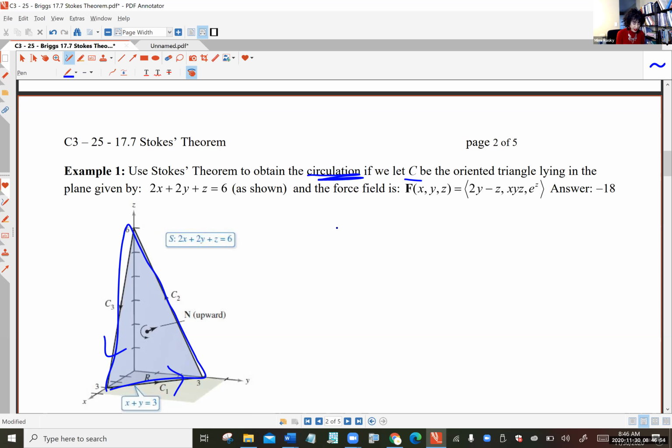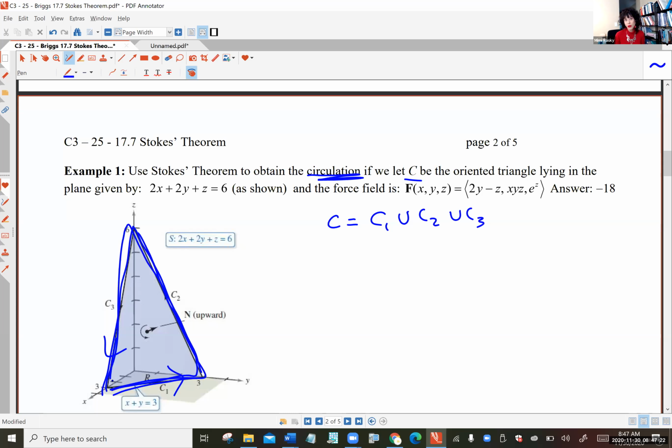So I hope you can see that the overall curve is going to be C1 union C2 union C3, which are the legs of this triangle. That's your curve. And you're trying to get the circulation around that triangular curve. And it is piecewise smooth. So that's good news. Cool. Now, if you had to do a line integral here, you'd actually have to do 3 separate line integrals and add the results.